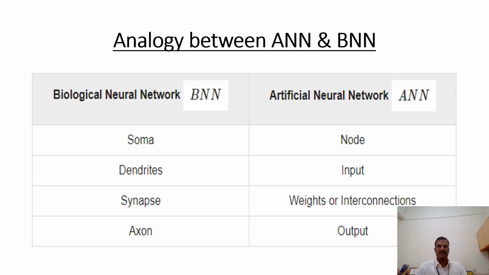So this is a table which shows the analogy between your biological neural network and artificial neural network. An interesting aspect here is what can I equate to weights in the biological perspective? The answer is synapse. So synapse is the biological interface point which is going to release chemical or it will not release chemical. If it releases chemical, then some process will be initiated, be it excitatory or inhibitory.